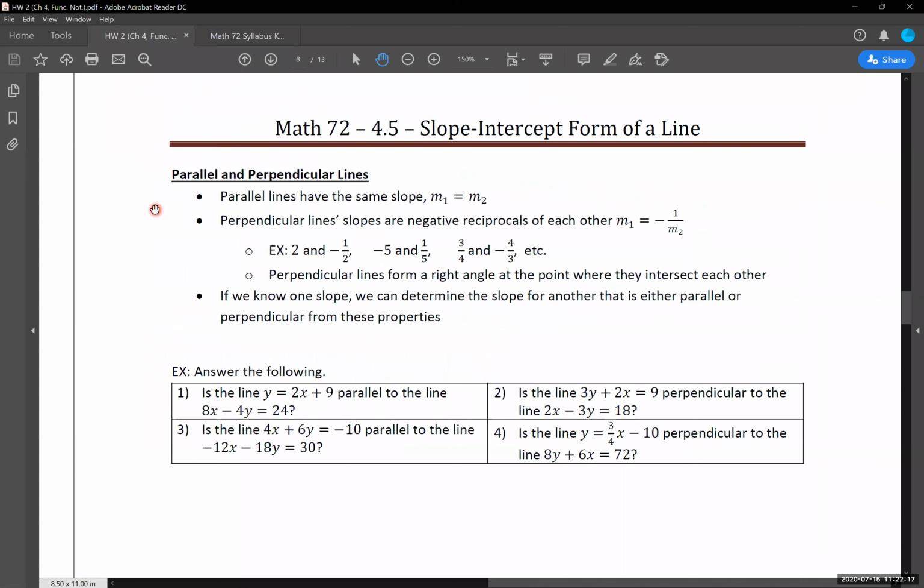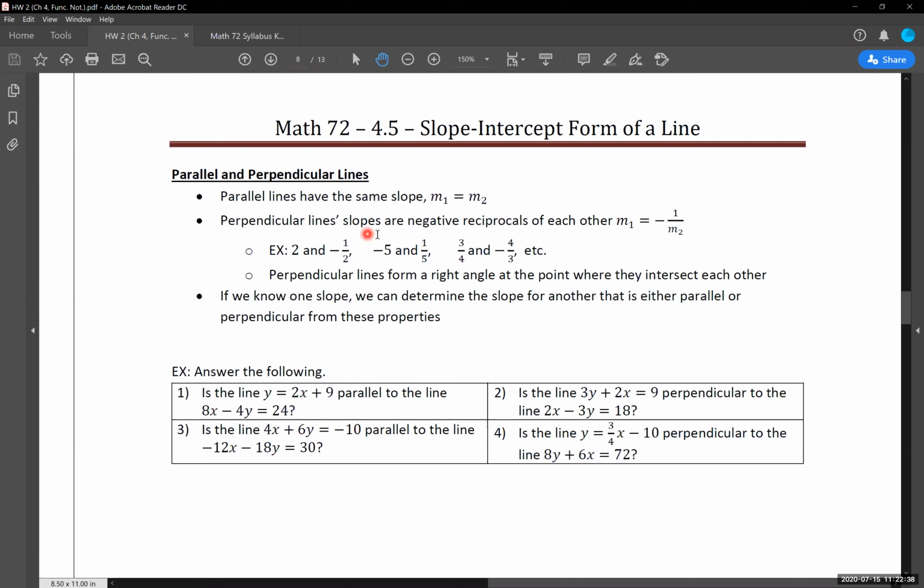So our definition for parallel lines is that they have the exact same slope. The slope of the first line is in every way, shape, and form identical to the slope of the other line.